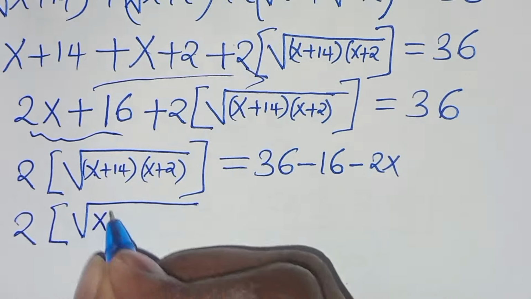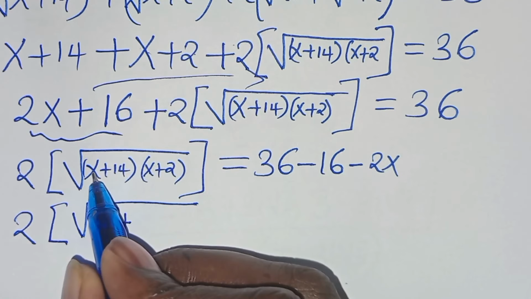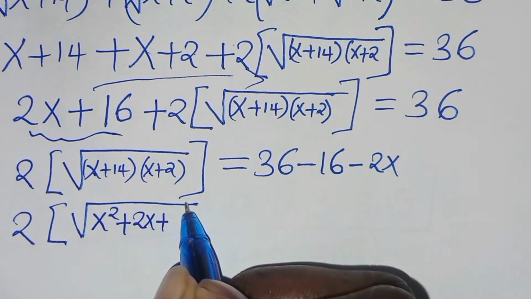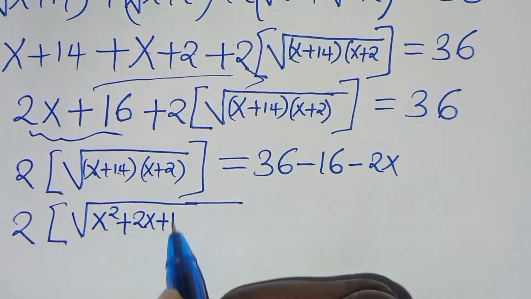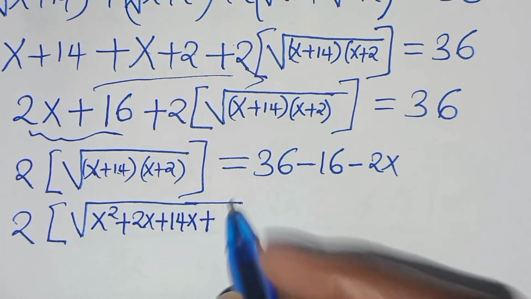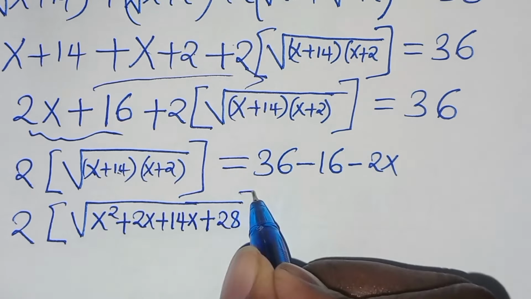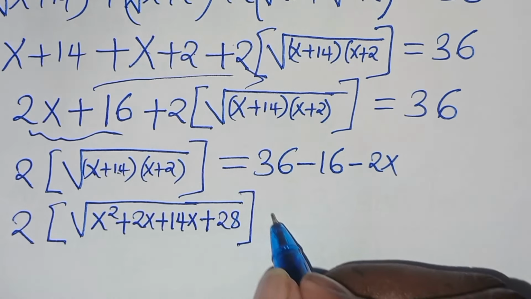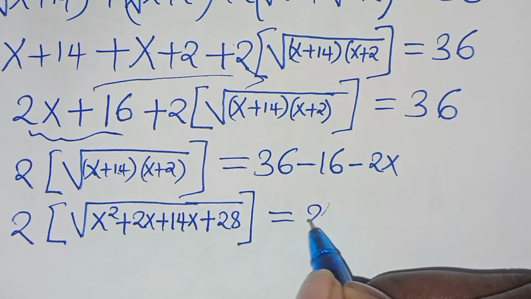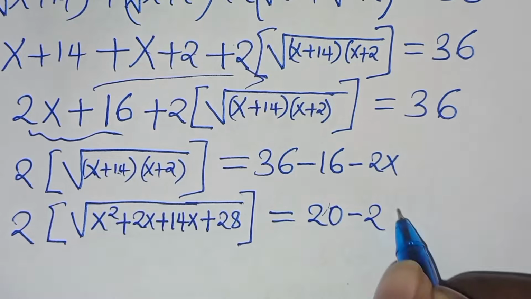This is x squared plus x times 2. This is plus 2x. Then plus 14 times x. This is 14x. Then plus 14 times 2. This is equal to 28. Close the parentheses here. This is equal to 36 minus 16. This is 20 minus 2x.